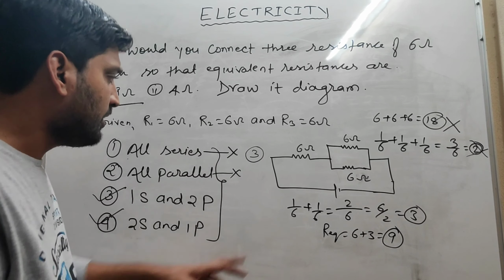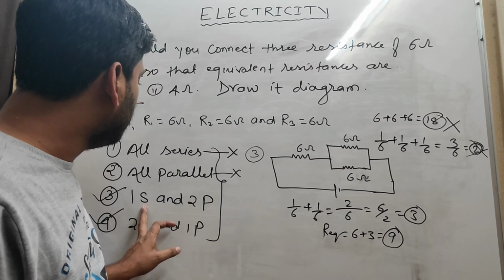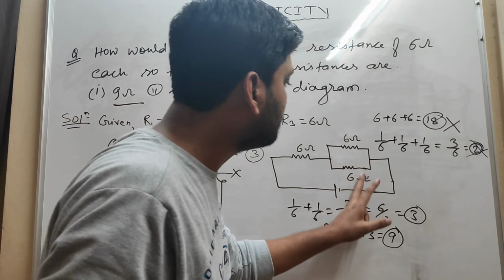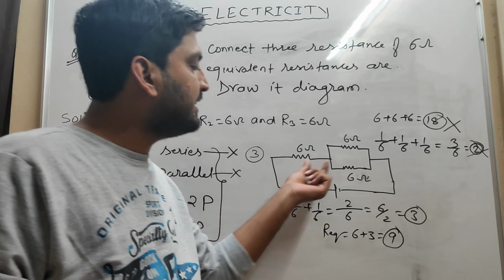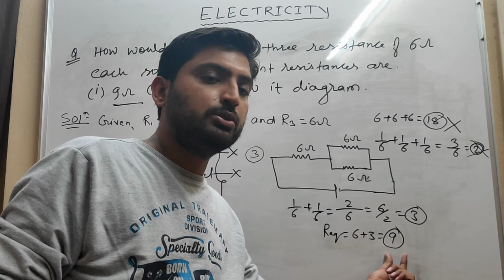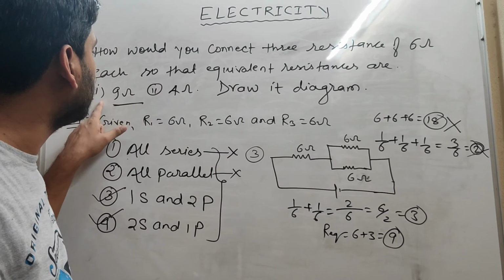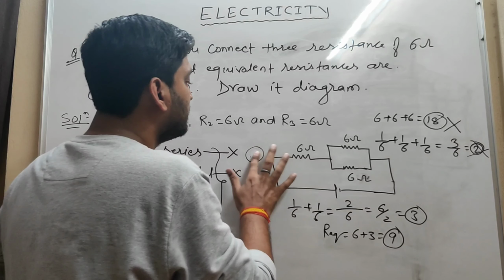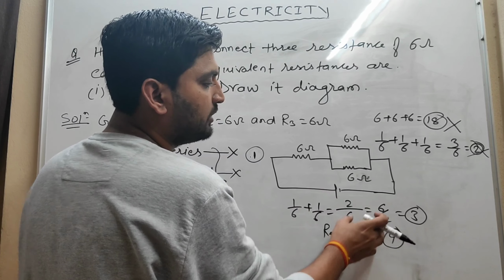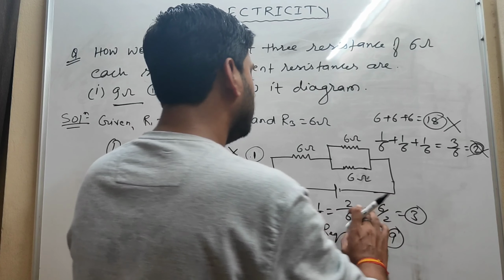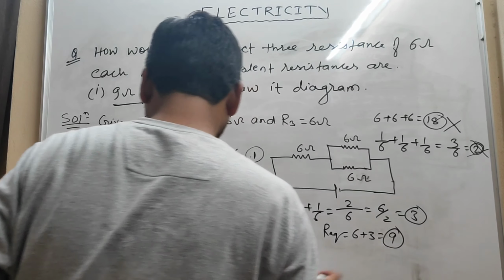So in the first case, as we connect one resistance in series and two in parallel, we are going to get 9 ohm resistance. The diagram will be like this, and you can elaborate this solution, but the solution will be like this.